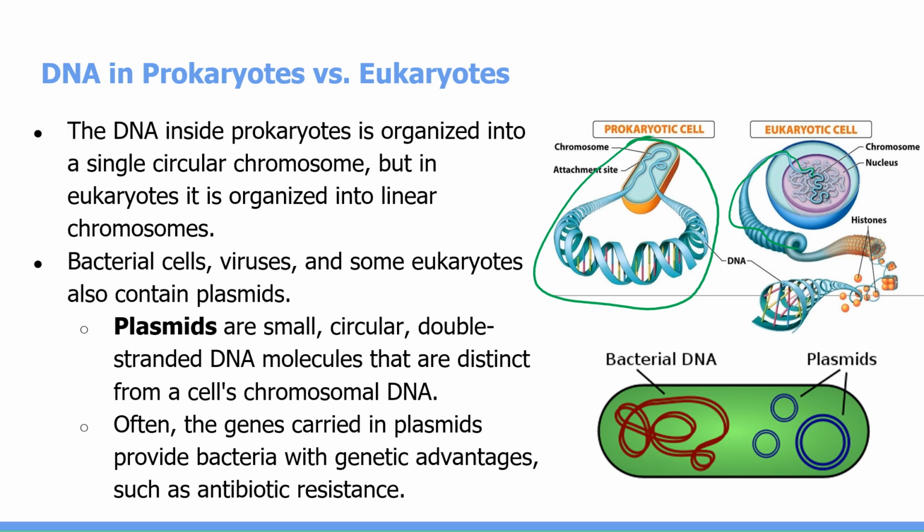And these genes in plasmids provide bacteria with genetic advantages such as antibiotic resistance. So you can see that it's definitely different from the bacterial DNA. These plasmids usually provide additional functions. Okay, that's the difference between prokaryotes and eukaryotes.